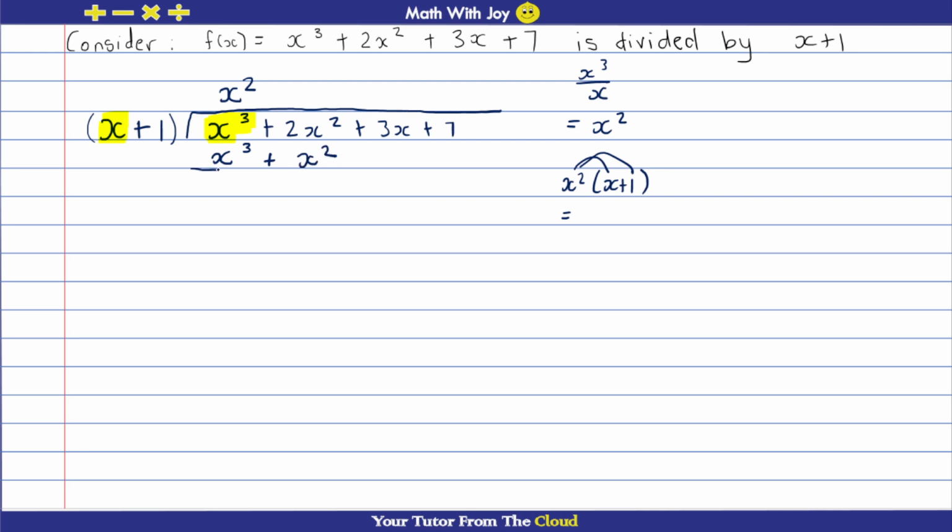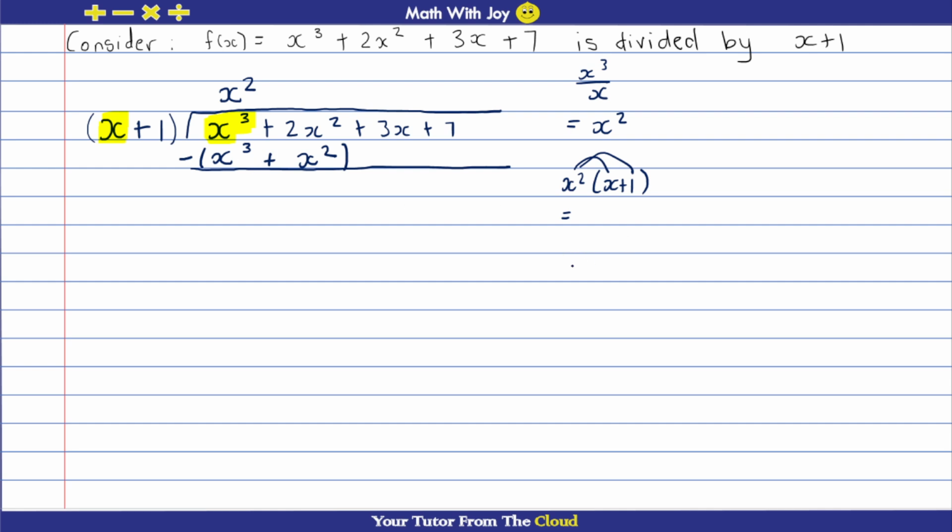Now, just like in long division in primary school, we want to subtract. We have x to the power of 3 plus 2x squared, and we subtract x to the power of 3 plus x squared. We are including the second term in our subtraction, as the x squared terms are like terms. Be very careful here, because this whole thing needs to be subtracted.